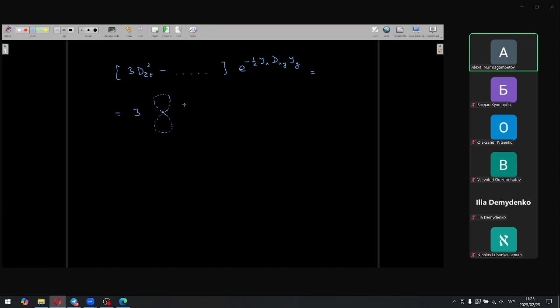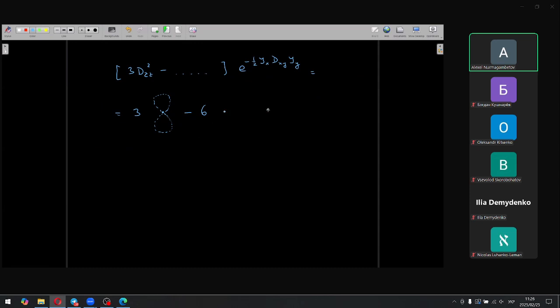The next combination inside of these brackets, with factor minus 6, will correspond to the following combination of propagators and external sources at points x and y.